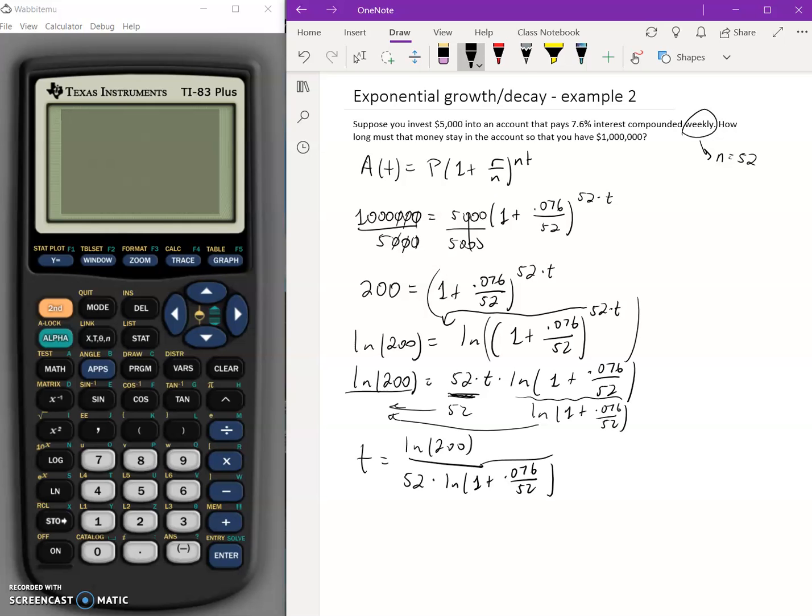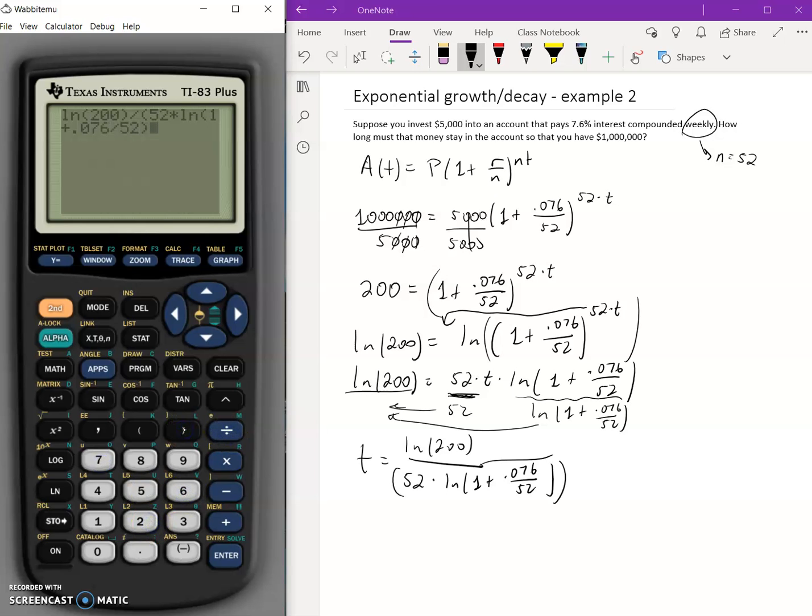So what this looks like on the calculator is you want to enter natural log of 200. Then you divide, but you want to put this whole denominator into parentheses. So you're going to put the parentheses of 52 times natural log of 1 plus 0.076 divided by 52.